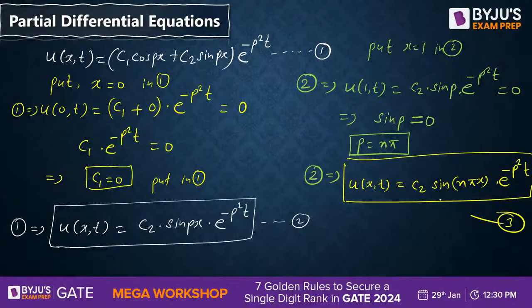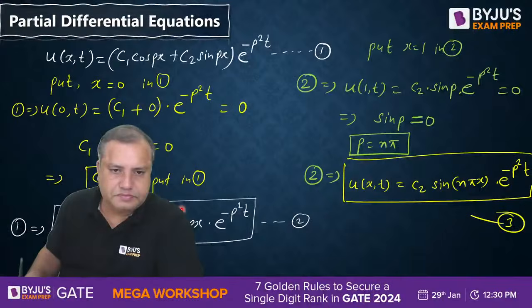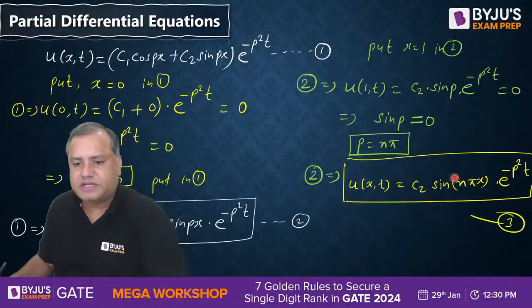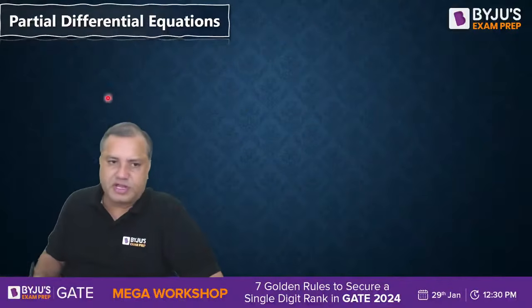Okay. Now in this condition, what we will do? We will apply the third condition. But before applying the third condition, I am just reconsidering this u of x comma t.